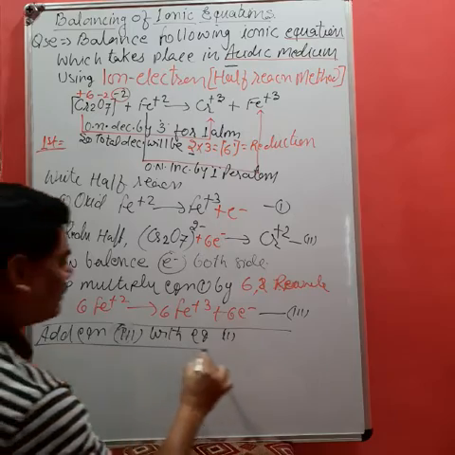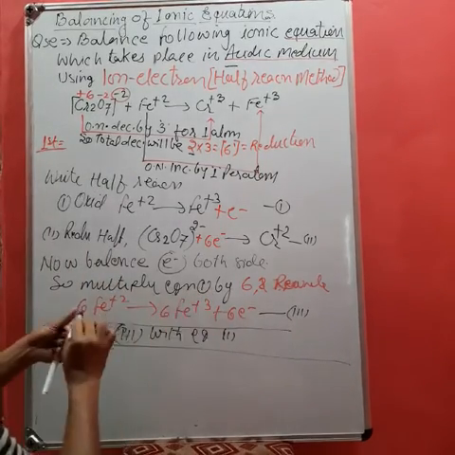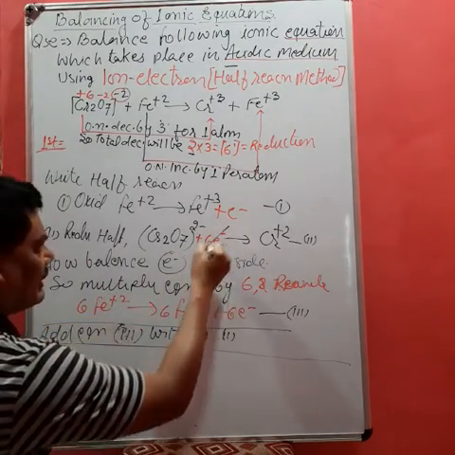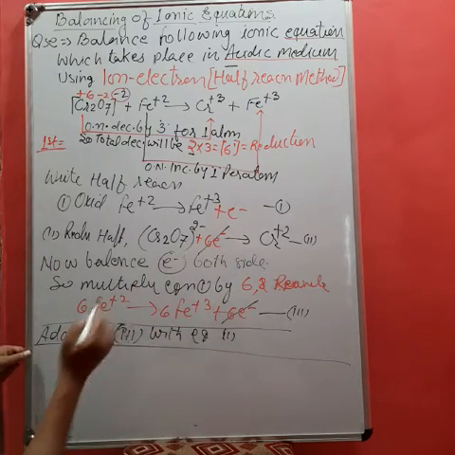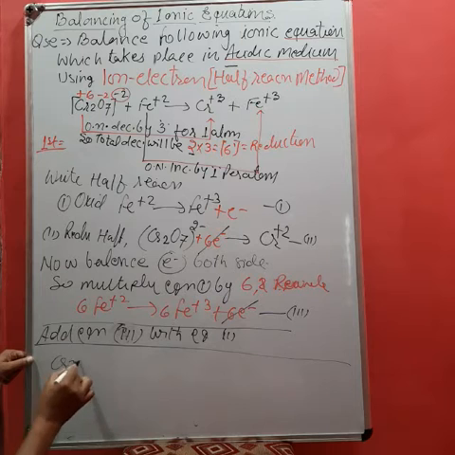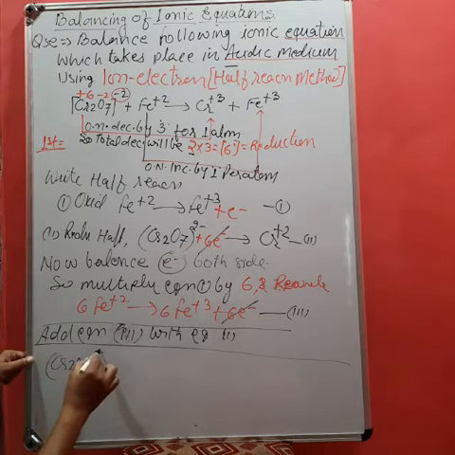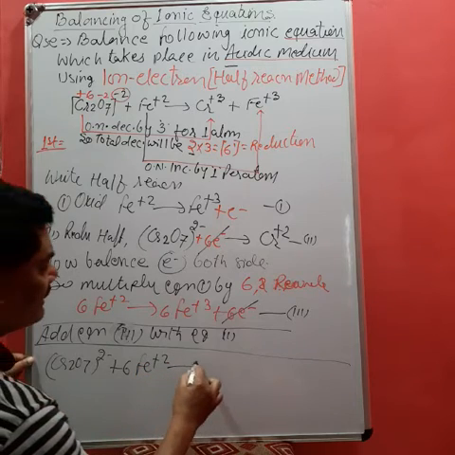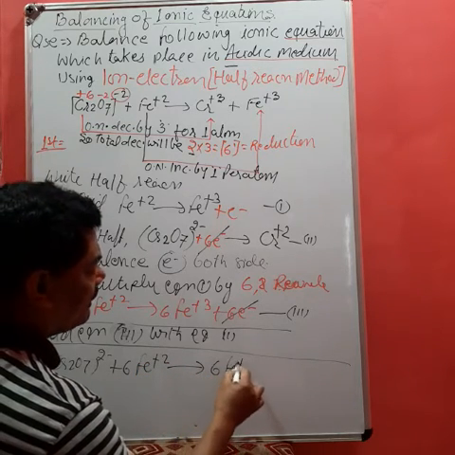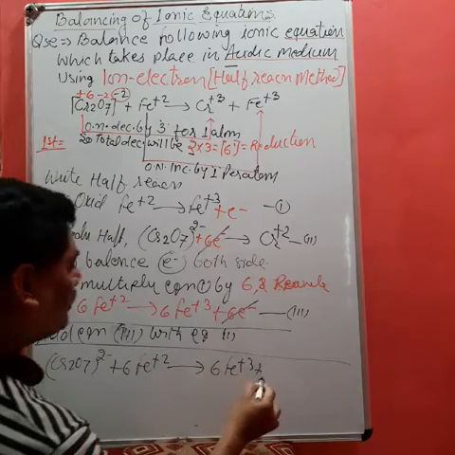If we add them, there is an electron on the reactant side and an electron on the product side, so they will be cancelled. So now rewrite it. It will become Cr2O7 2 minus anion plus 6 Fe plus 2 is converted into 6 Fe plus 3 plus Cr plus 3.